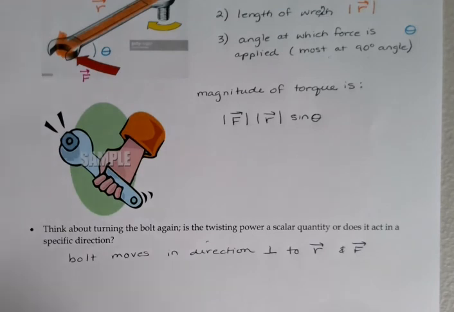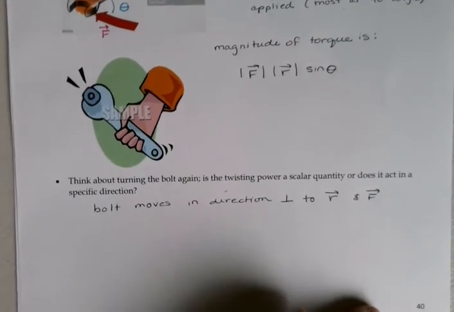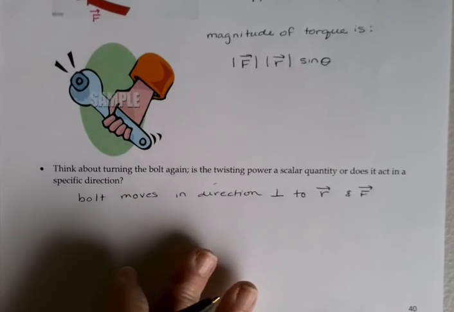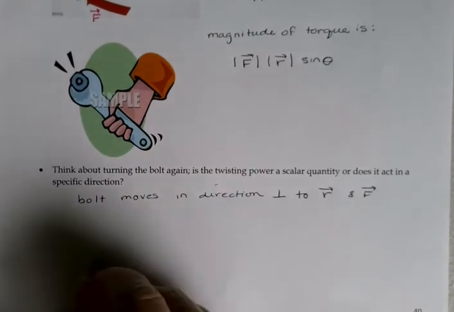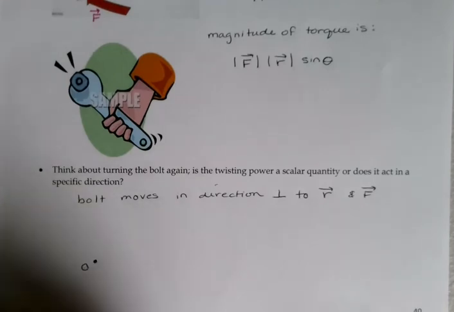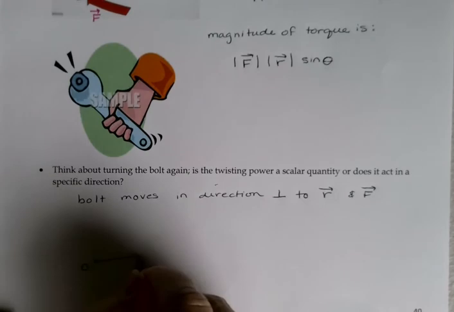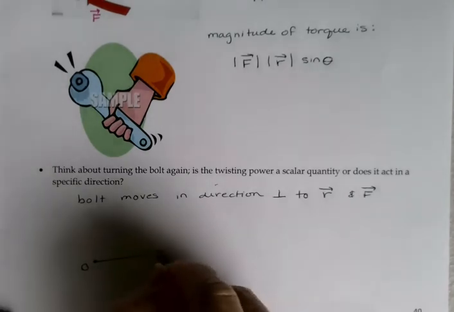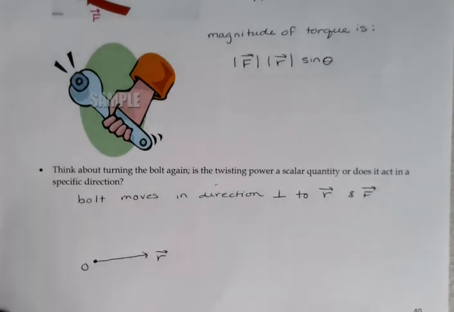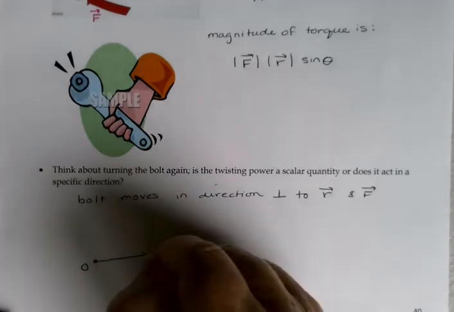If you think about this for just a moment, we can actually define this direction rather well, and I think it's going to remind you of something that you already know. If I've got this bolt here, so there's my origin, that's the bolt. I've got a wrench vector R, and I'm applying some force F here at the end of it.